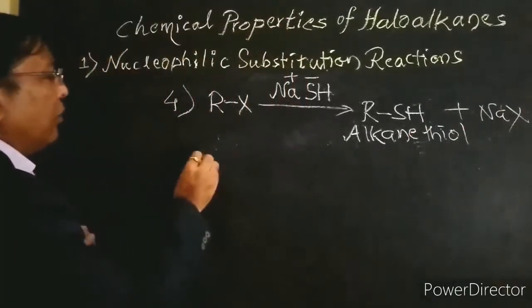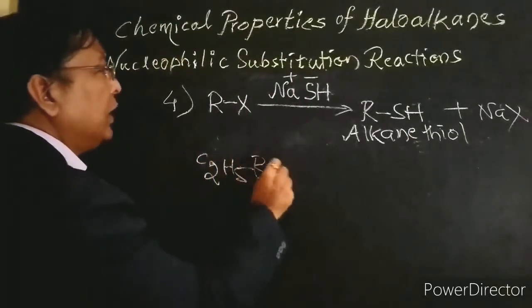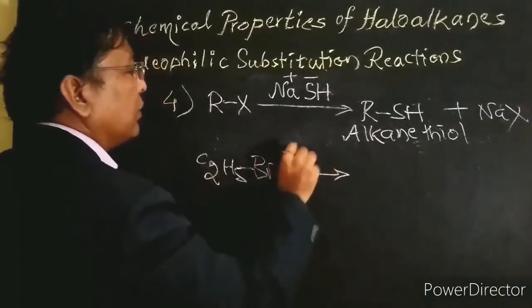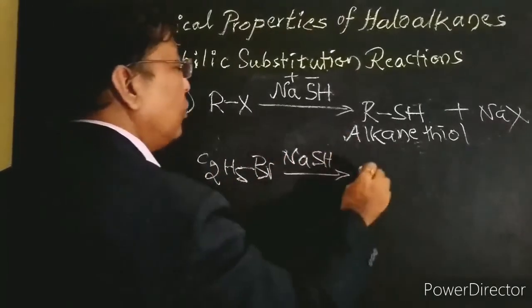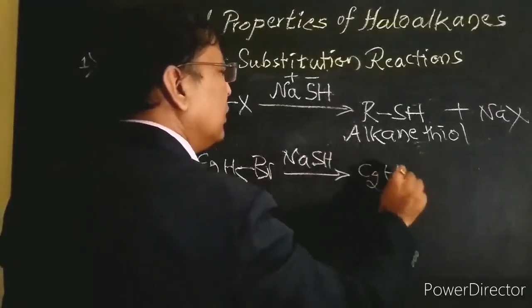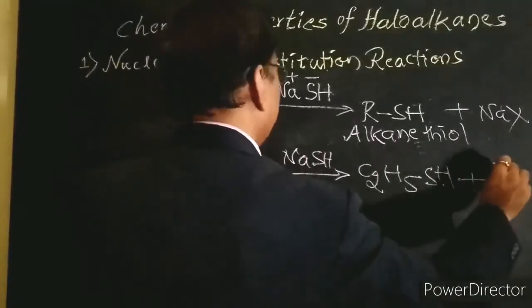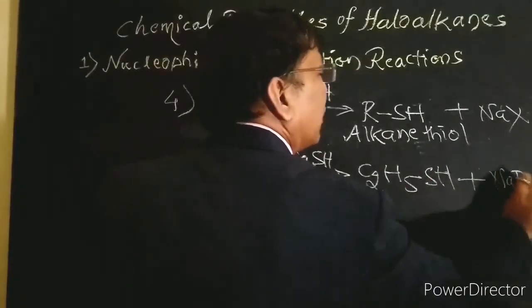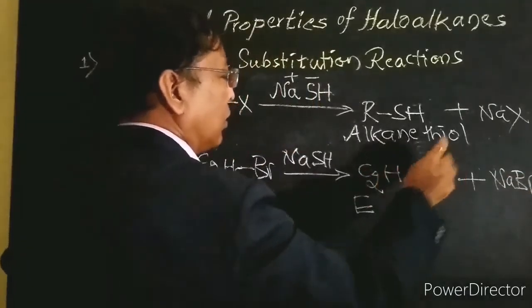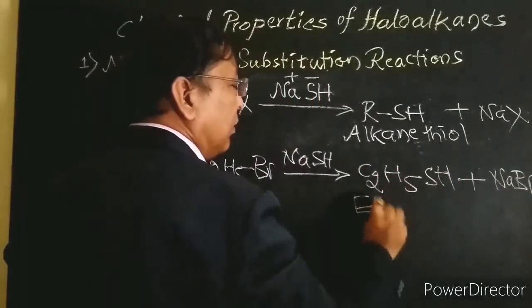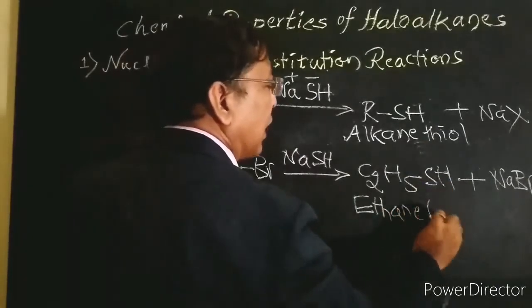If we take, for example, ethyl bromide and react with the nucleophile sodium thiol, we get C2H5SH plus NaBr. What is the name? Ethane thiol.